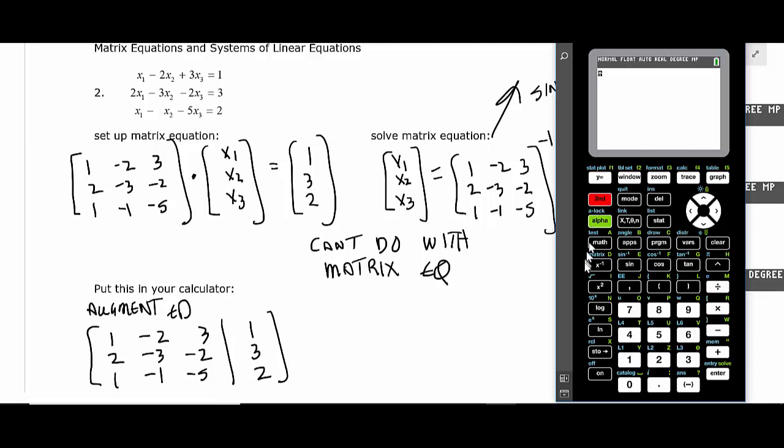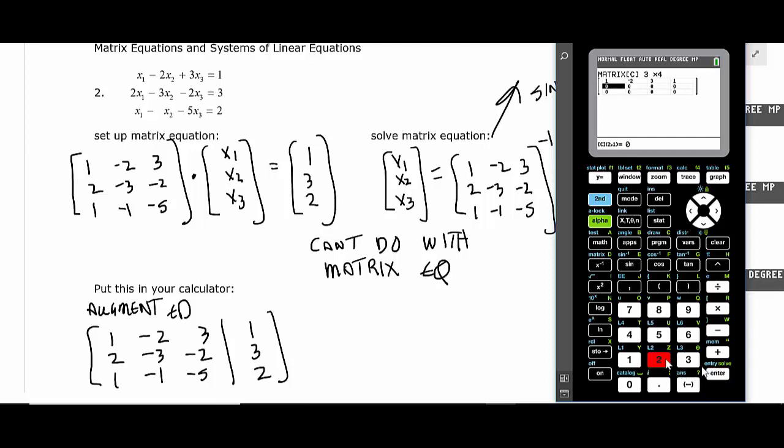So with this one, you just start over again. I'm going to put this in matrix C this time. I've got a 3 by 4 matrix that I'm going to put in, the augmented matrix. So the first row is 1, negative 2, 3, 1.